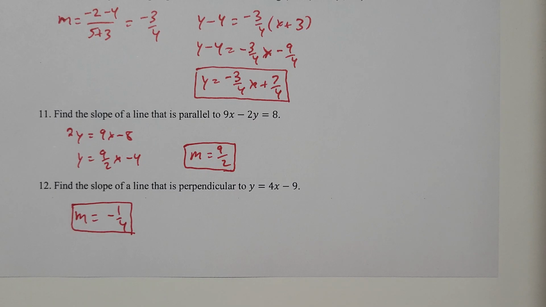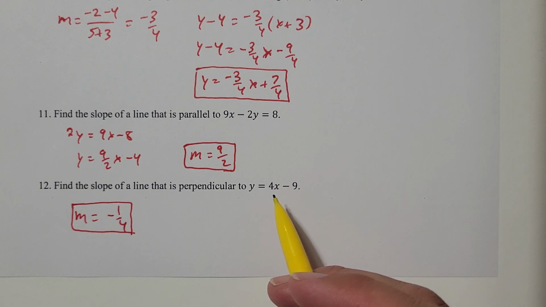Okay. Now in problem 12, they want us to find the slope of a line that is perpendicular to the line y equals 4x minus 9. So perpendicular lines have slopes that are called negative reciprocals of each other. In other words, if I multiply the two numbers together, I get -1. Okay, so the slope of this line here is 4.